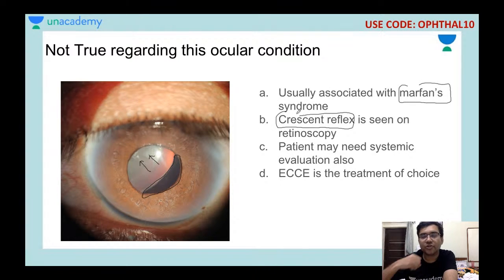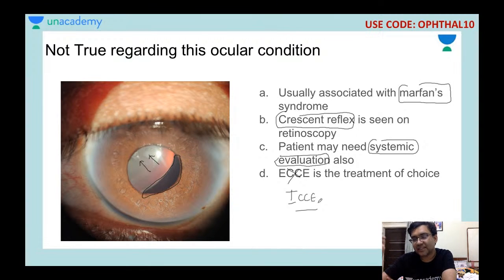Because in Marfan syndrome, you may be having cardiovascular anomalies as well, the patient may need a systemic evaluation also. In these patients, you already have weakened zonules. So you cannot do an ECCE in these patients. Either you have to remove the whole of the lens with the capsule, that is called ICCE, the intracapsular cataract extraction.